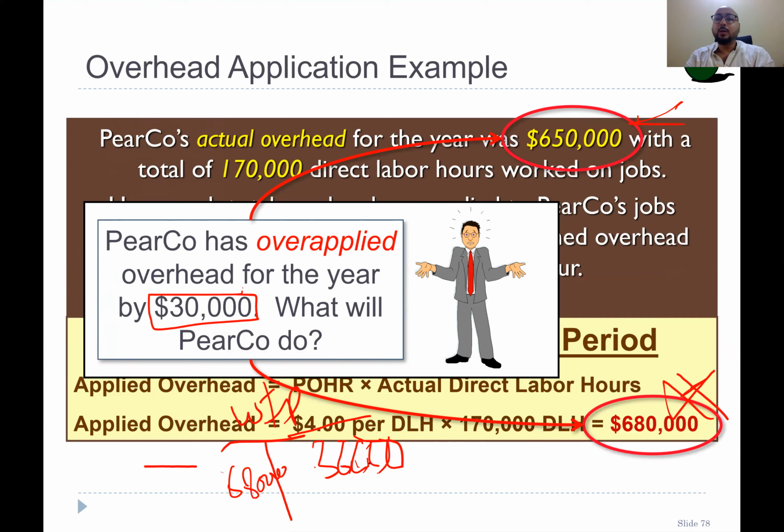It means we will be making an adjustment entry: manufacturing overhead to work in progress, 30,000.